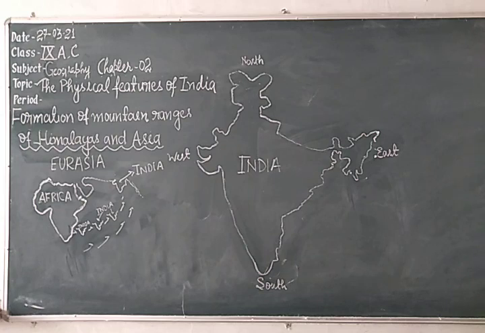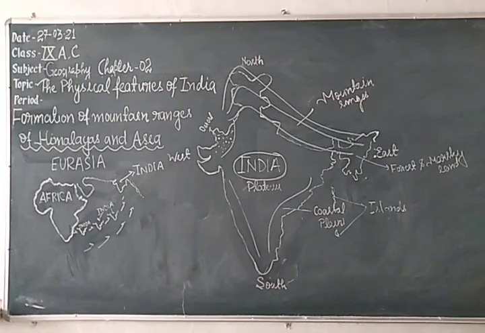Like in the north of India we can see mountain ranges, and in the east you can see forest and marshy land, and in the west you can see desert, and the central part of India is dominated by plateaus. After that, the southeast and southwest parts of India are dominated by coastal plains and island groups of India.